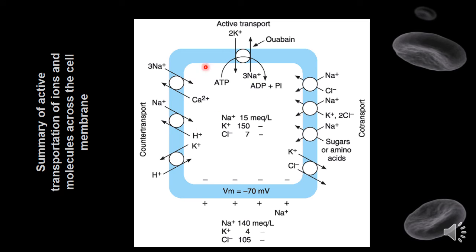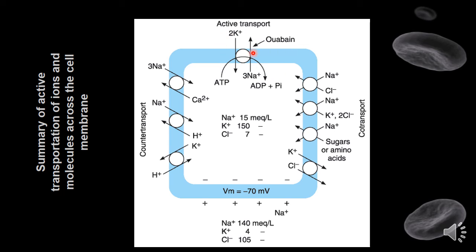This slide summarizes everything about active transportation and its different types. So let us see these important ones. This one is the sodium potassium pump. We described it in detail. By the way, all these types of transportation need a carrier, need energy, and can be saturated, and they transport material from low concentration to high concentration.